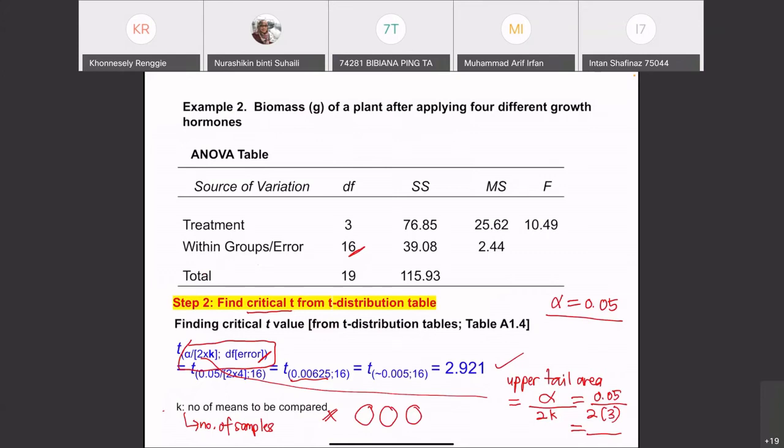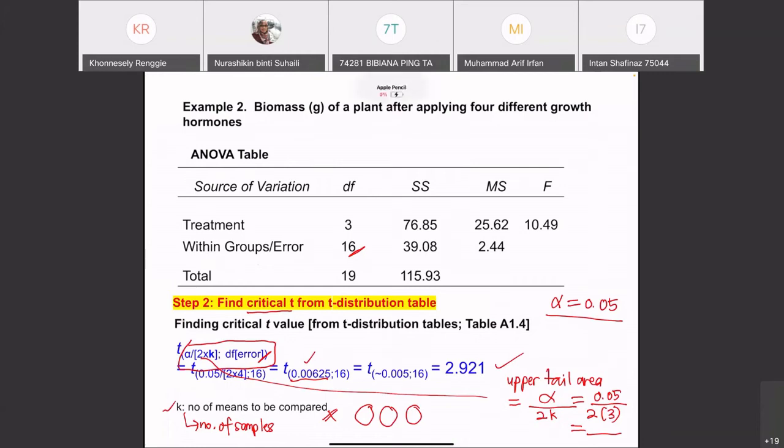K is the number of means to be compared, or the number of samples, because the number of means is equal to the number of samples. Okay, so the number of samples to be compared. So this will give you the value here, where you will find from the error you got from the ANOVA table, where you have to have that before.